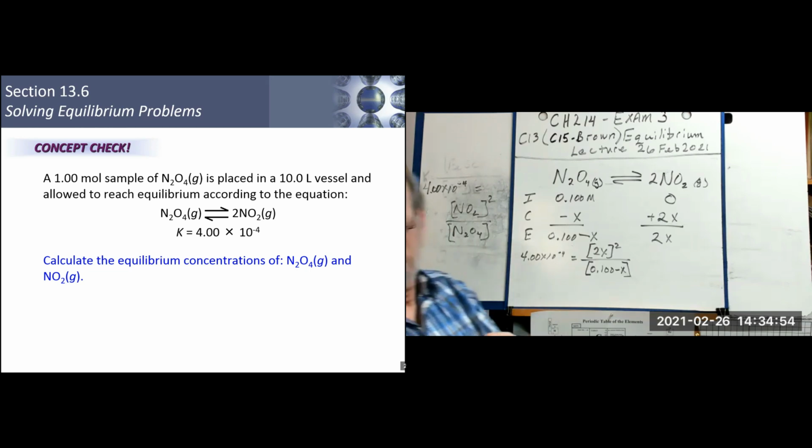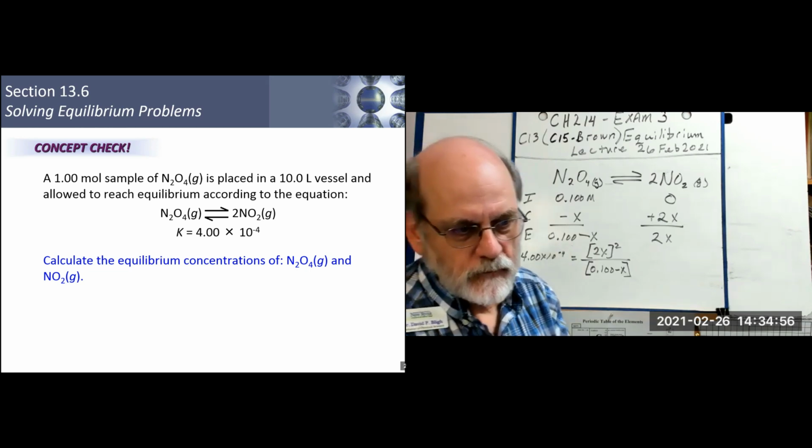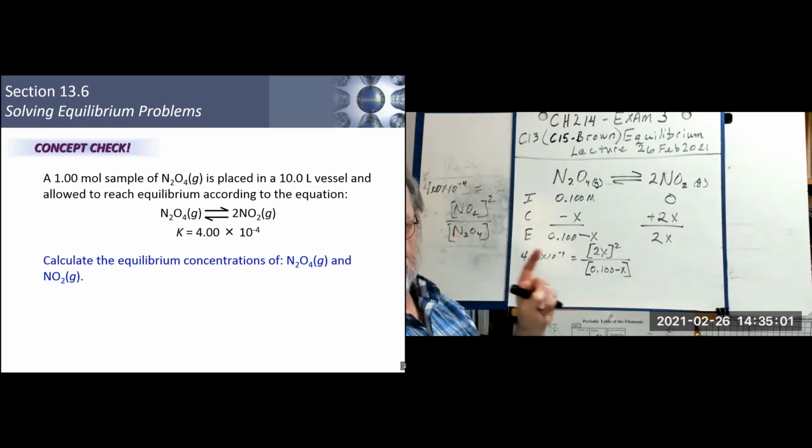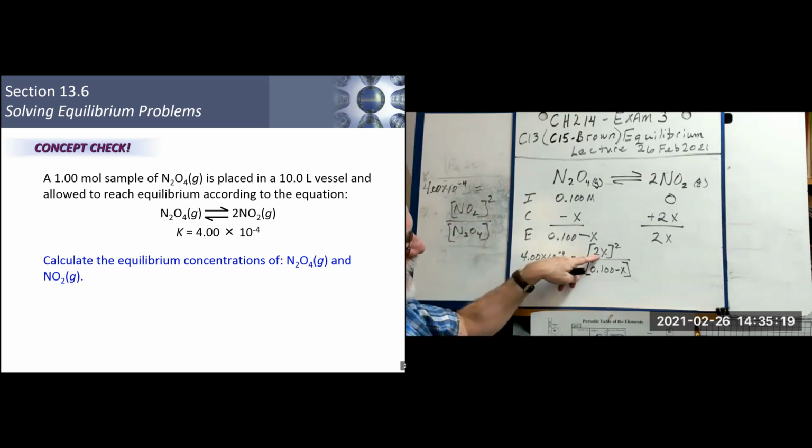Now, we have to make a decision. Do we want to do this quadratic, or do we want to use an approximation? Well, let's think about it. With this value of K, what does that say? That says that this value is going to be very small, right?